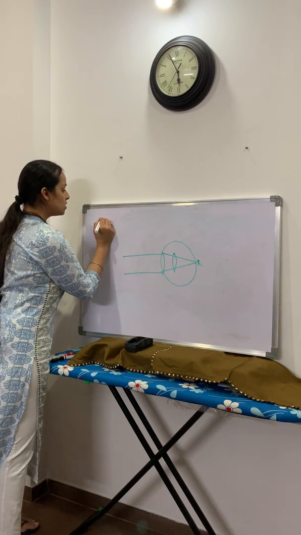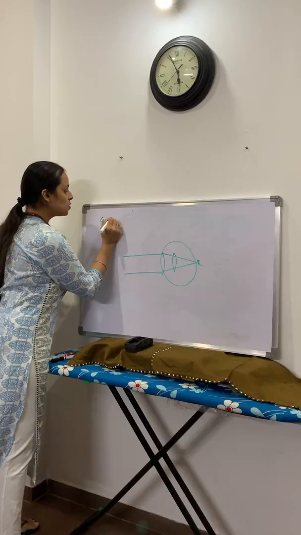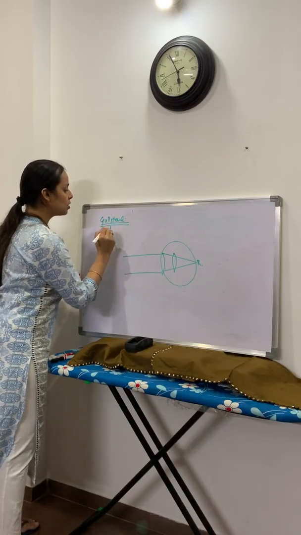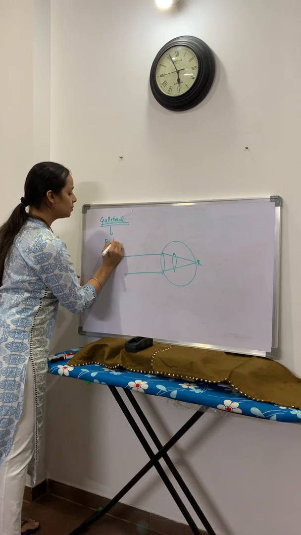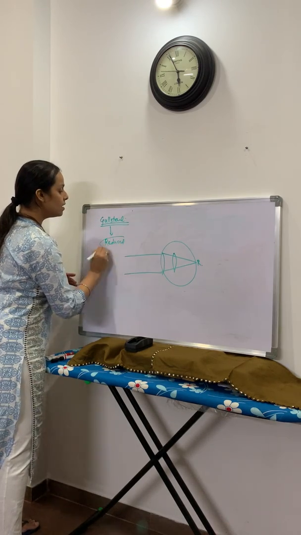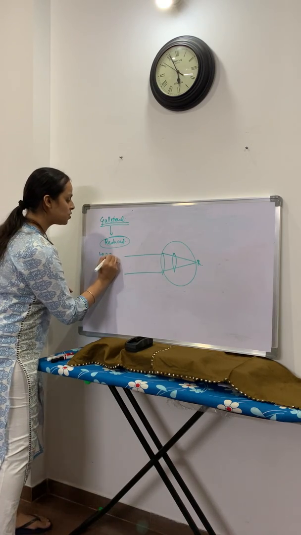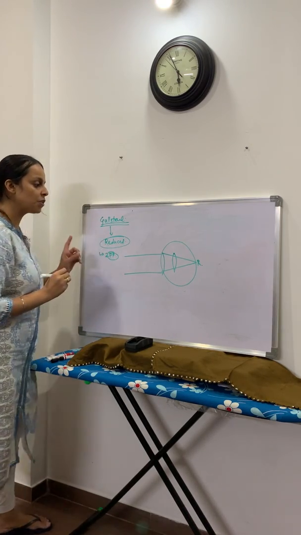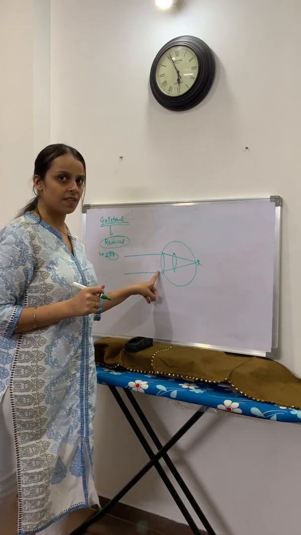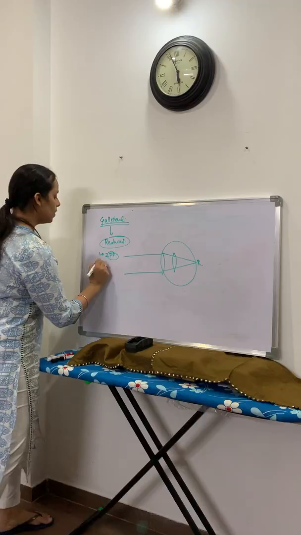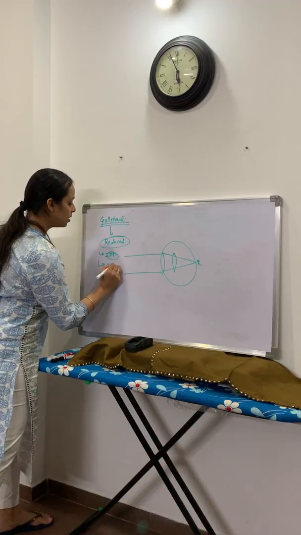gave the concept. The first scientist was Gullstrand. This Gullstrand, he gave the concept of reduced eye. Okay. In the reduced eye, there were two principal points. Why two principal points? Because we have two refractive media in the eye. One is the cornea and the other one is the lens. We had two nodal points. Okay.